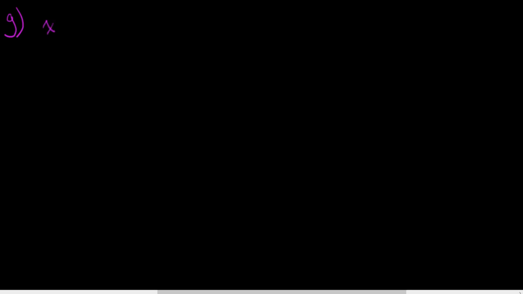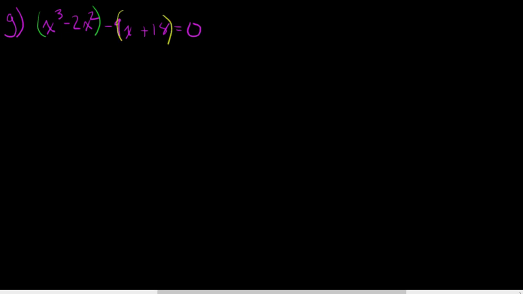G says x cubed minus 2x squared minus 9x plus 18. So you should have noticed that this is 4 terms, so we can use factor by grouping. So I'll set one group here and one group here.